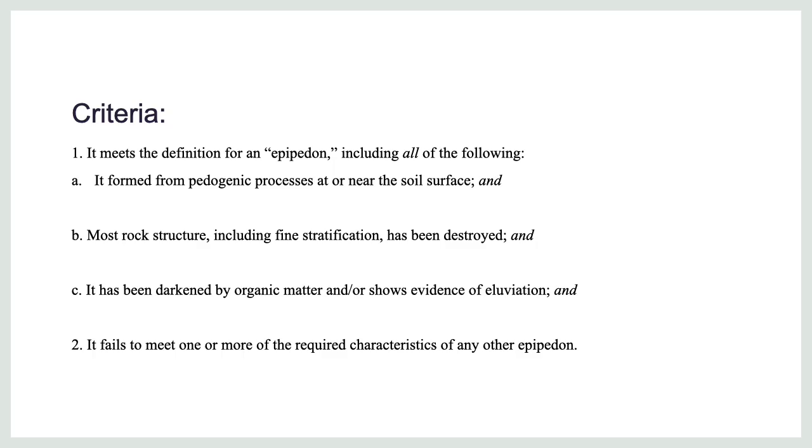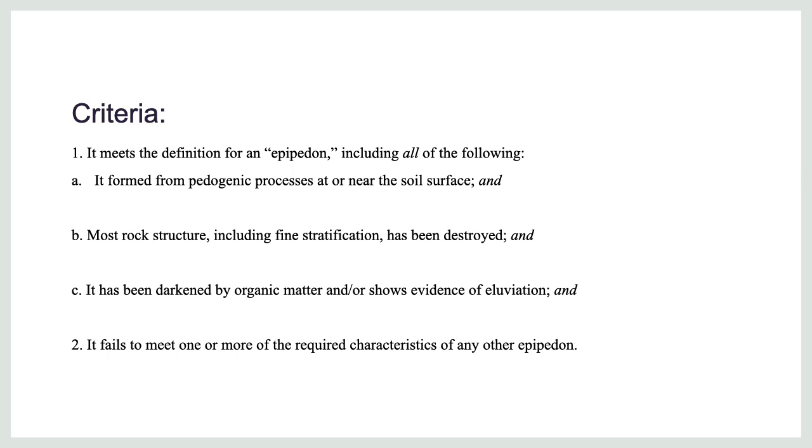So the partial decomposition of the organic matter gives dark color to that horizon, and or I can see some evidence of alluviation, some evidence of clay removal in that section, and it fails to meet one or more of the required characteristics of any other epipedon.